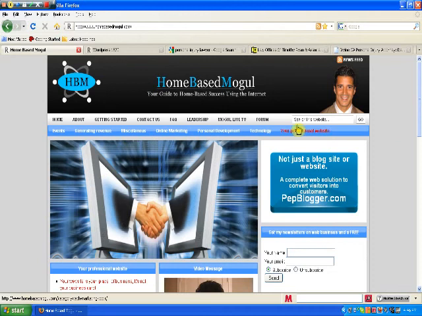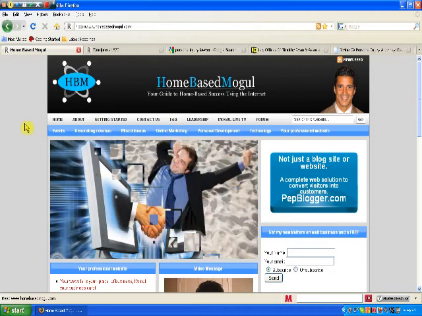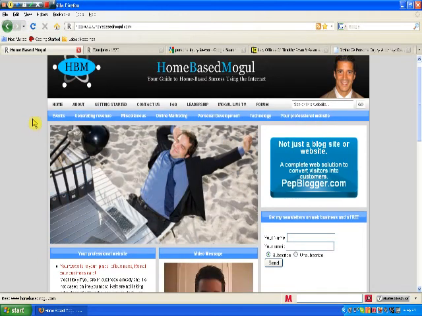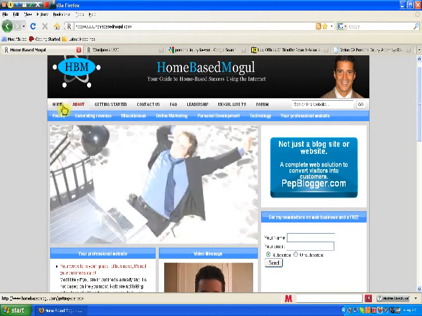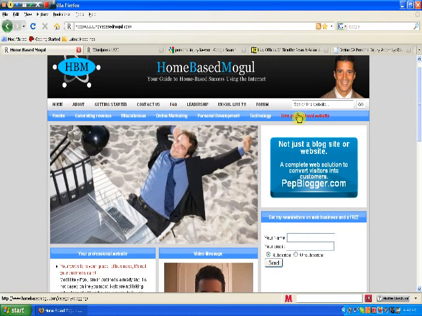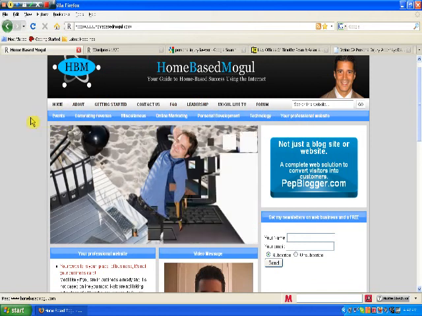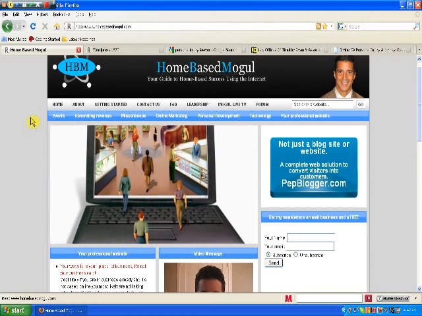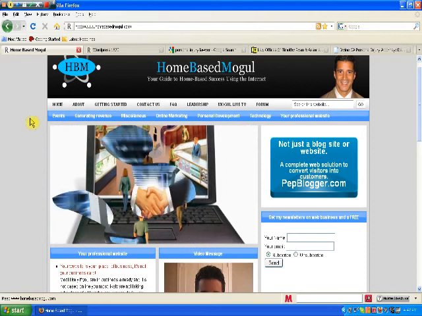And also you want to have a site that is not confusing, that's easy to navigate. We have pages up here at the top, and then categories below that, and depending on what they're looking for, people can very easily find that information if you make your site easy to understand.